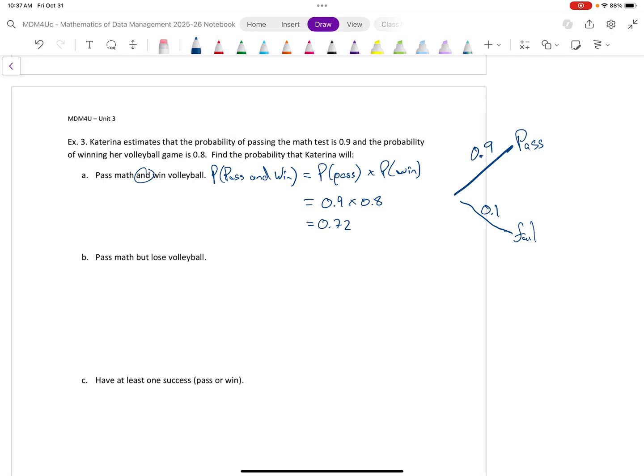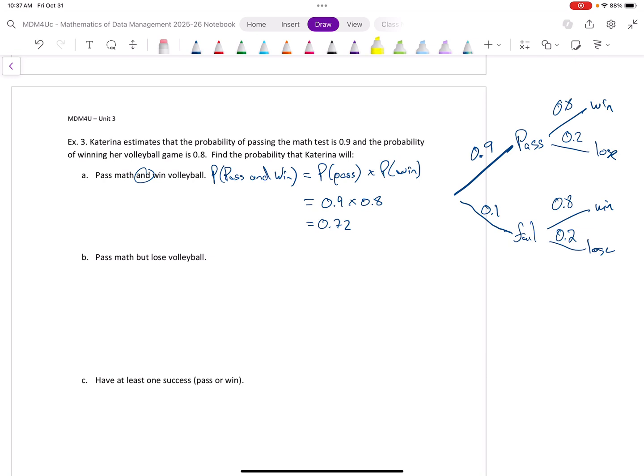The second event, you could win the volleyball game or you lose, and that's going to be in both parts here. My probability of winning is 0.8. My probability of losing is 0.2. So there are 4 different situations that could happen: pass win, pass lose, fail win, or fail lose.